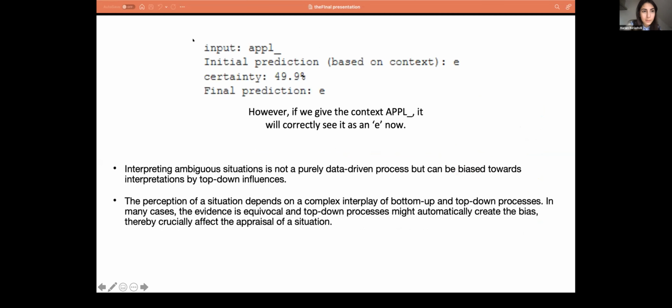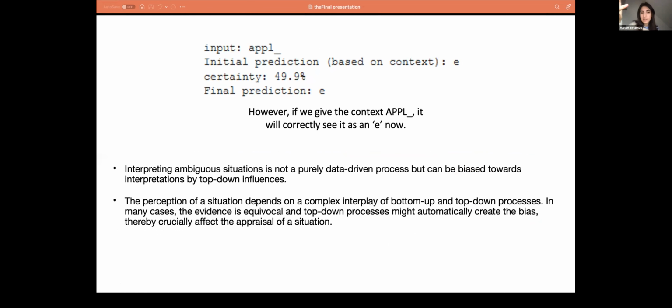So in this case, the input was Apple and the initial prediction was E. However, as you saw in the previous slide, the letter prediction was R. The network was still able to give us the E as the final prediction. Cognitively, we can translate this into the fact that interpretation of ambiguous stimuli is not a purely data-driven process.